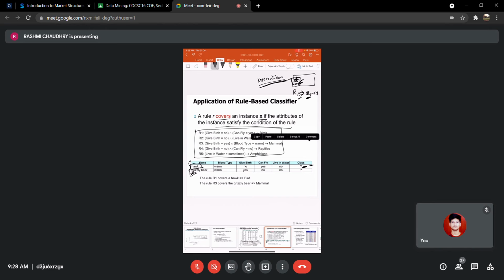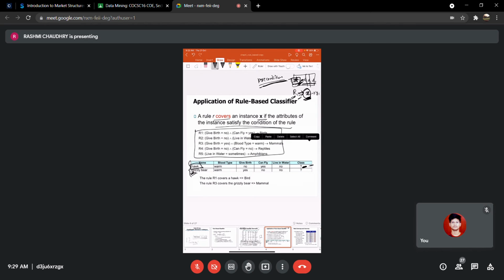So a rule r is covering a particular record t if and only if the precondition of this r, which is x in this case, matches the attributes of this t. This is your record number. Now t1, t2, t3, let's assume these three properties were there.